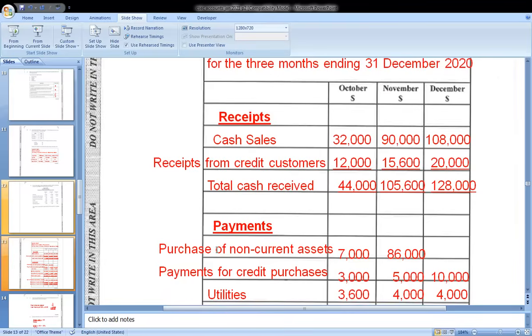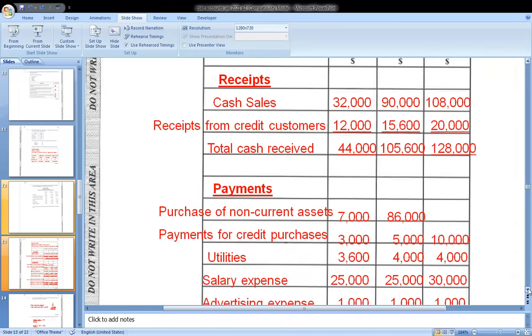And then our payment section, we have purchase of non-current assets, 7,000 for October, 86,000 for November. We had none for December. Then payments for credit purchases, we had 3,000 for October, 5,000 for November, and 10,000 for December. Then our utilities was 3,600 for October, 4,000 for November, 4,000 for December.